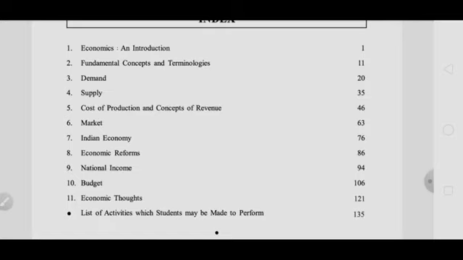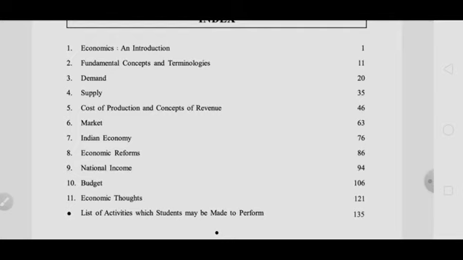Then chapters 3 and 4 are demand and supply. In any study of economics, demand and supply is an inevitable part, because without the study of demand and supply, no one is able to understand economics in full. So we will discuss demand and supply in chapters 3 and 4.